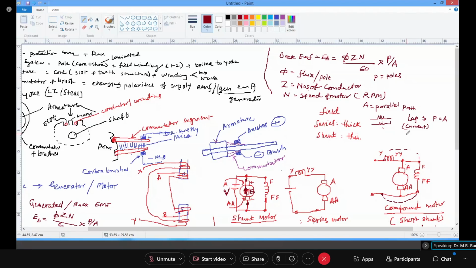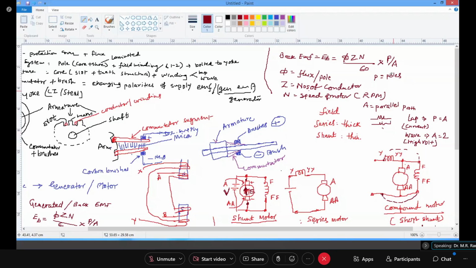In the case of wave winding, which is used for high voltage, in a generator or a motor, the input will be high voltage, and in that case A is always equal to 2. Clear?